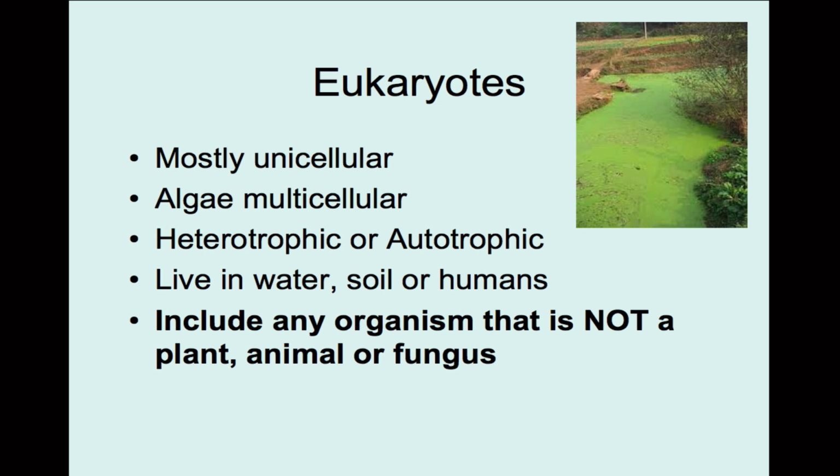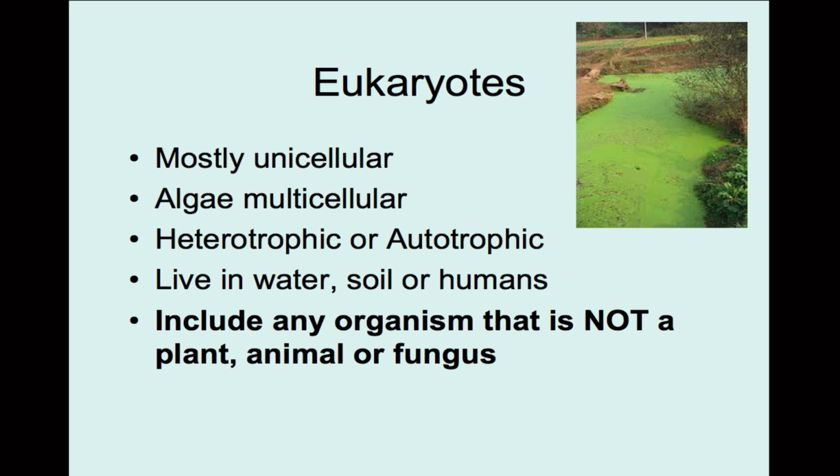So these are eukaryote cells, and mostly unicellular, but some are multicellular, not as many, but some of them are. They can be heterotrophic, which means they absorb other organisms, or they can be autotrophic, which means they use photosynthesis. They live in water, they live in moist soil, they can also live in humans.